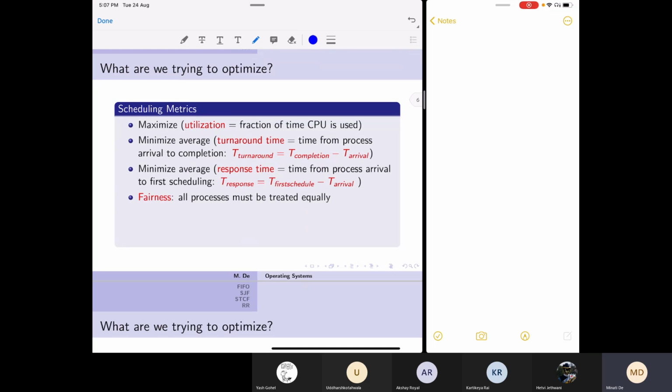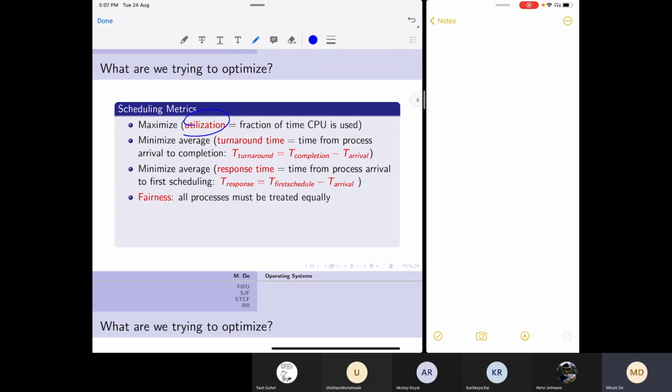The first parameter of comparison for different policies is utilization of the CPU. Of course, you want to maximize the utilization of the CPU, the fraction of the time the CPU is used.